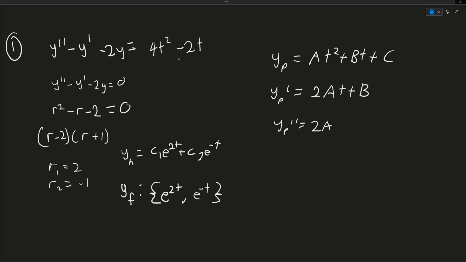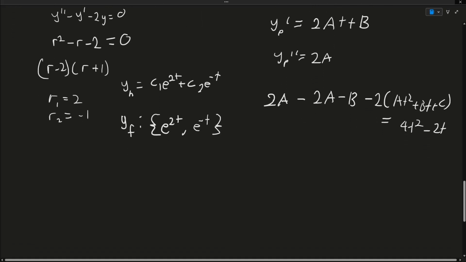Okay, now let's go ahead and plug this into the differential equation. 2a minus 2a minus b, see how I multiply with -1 for these two, minus 2 times at squared plus bt plus c equals 4t squared minus 2t.